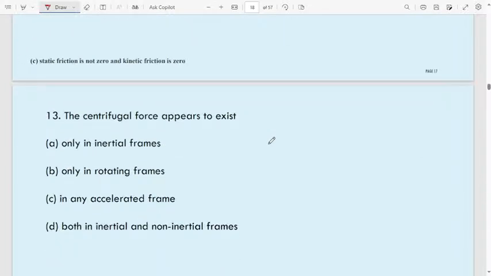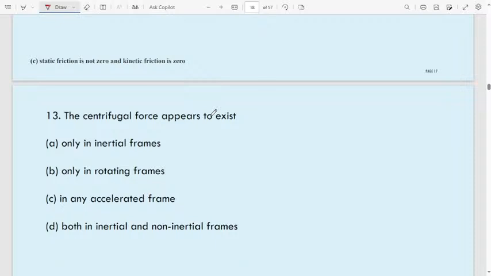Next, question number 13. The centrifugal force appears to exist. Centripetal means a central seeking force. Centrifugal means the force that moves from the center to the outer boundary, an outward force.